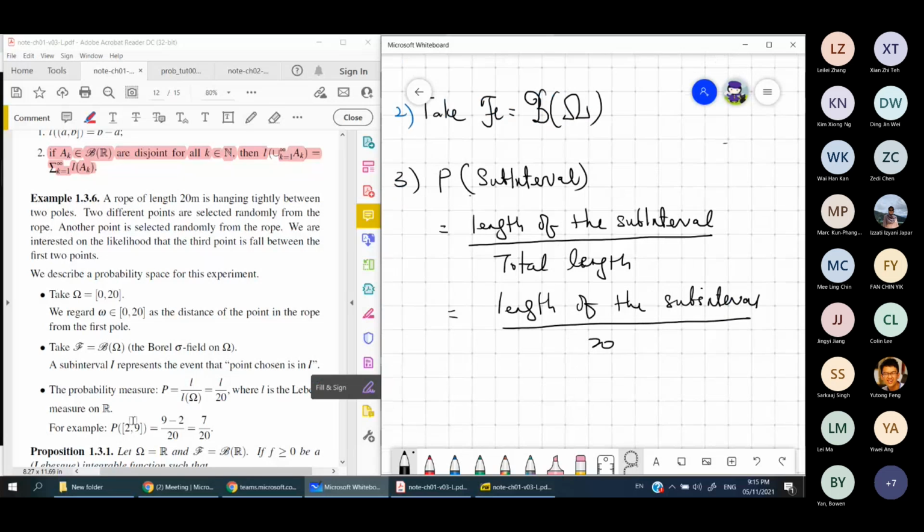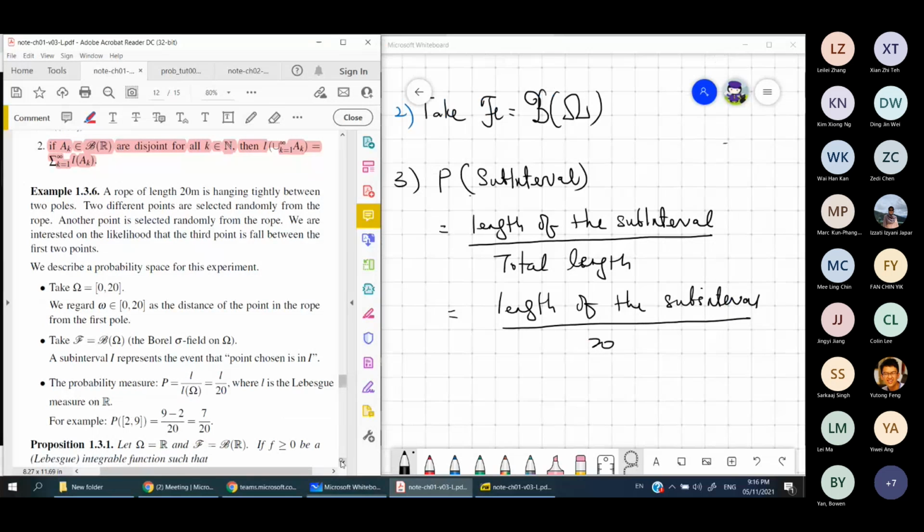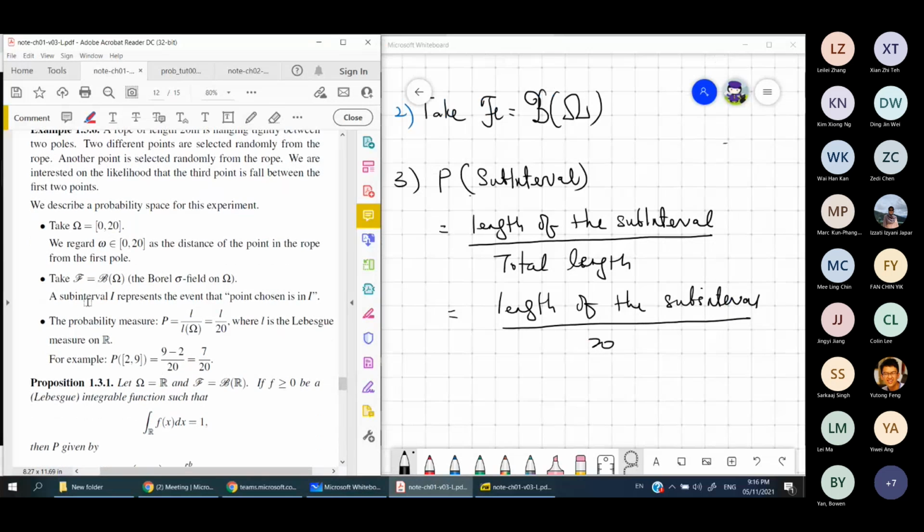So this is an example. If we take the interval from 2 to 9, the probability will be 9 minus 2 over 20, so that will be 7 over 20. Okay, so this is how we can define this probability space. I think this is based on the experiment.